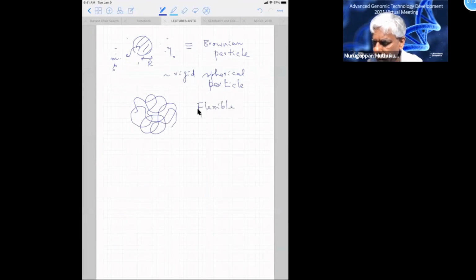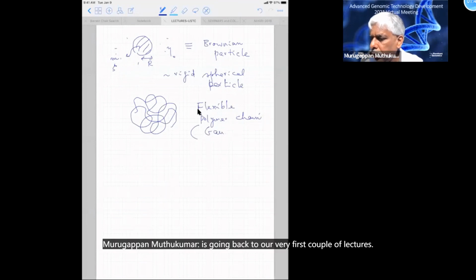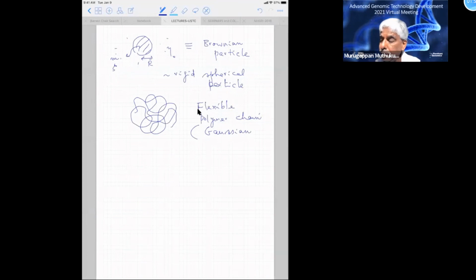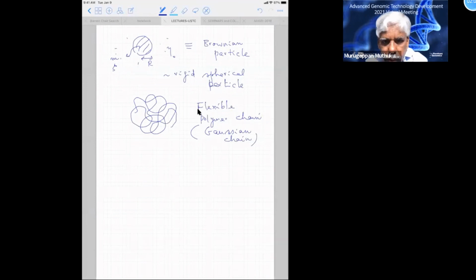Let us assume, as an example, it's a Gaussian chain. This is going back to our very first couple of lectures, where only chain connectivity is included. There's no excluded volume interaction, no semi-flexibility.